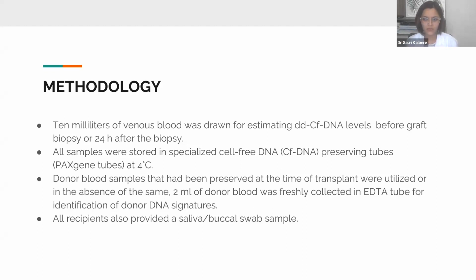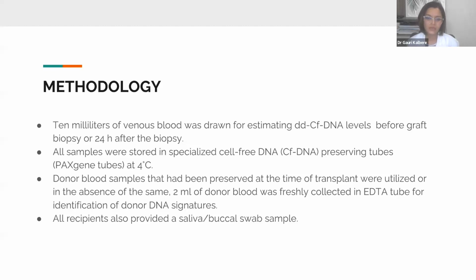So we took the sample just before the biopsy, before there would be an apparent rise because we are doing the intervention, or 24 hours after the biopsy, when the levels, if they had risen, would most likely have subsided. In previous studies, they kept a 12-hour window, but in ours, we preferred a 24-hour window to be more precise.